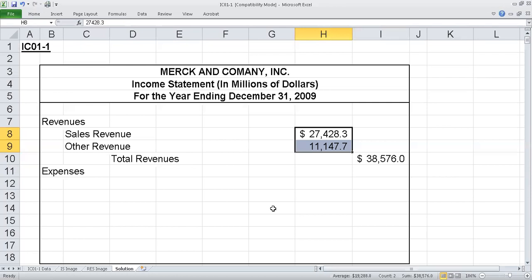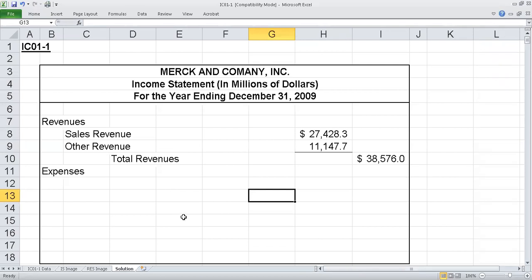So, before we do the expenses, I want to show you what we would do if we only had one revenue item in the classification. And because I've shown you the presentation style for a classification with multiple accounts, now I want to just show you the way it would look if there was only one revenue.